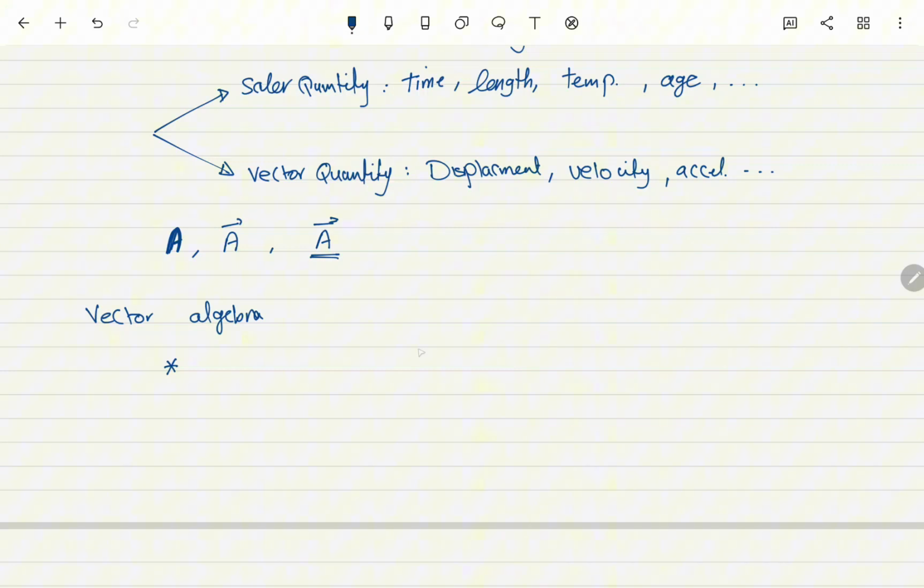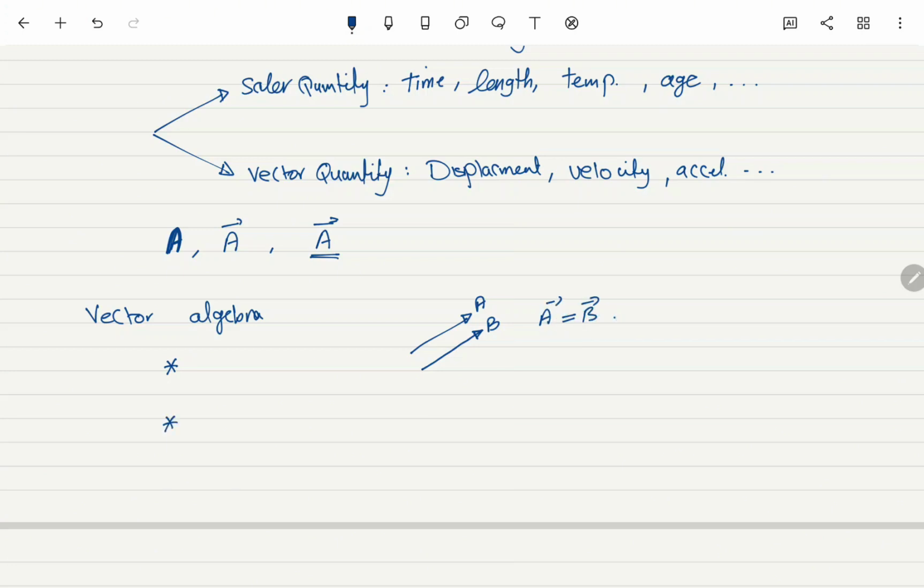Example, if we have here vector A and vector B, and they have the same magnitude and same direction, in this case we call this vector A equal to vector B.